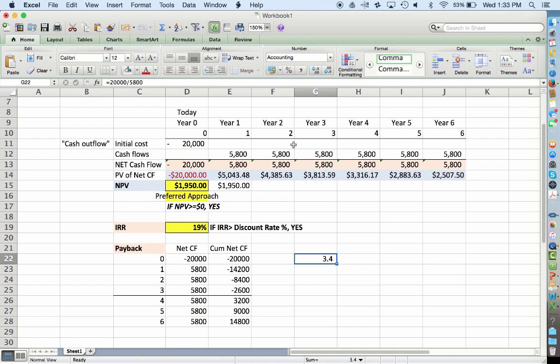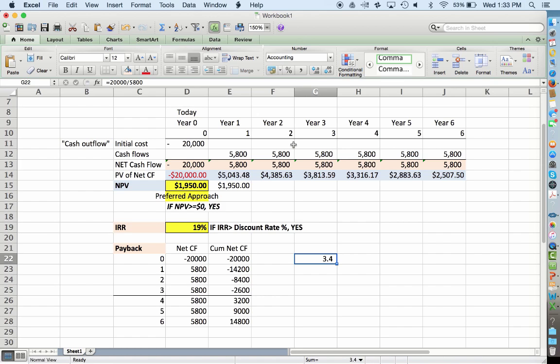So the way I would measure this payback is I would look at what my organization's policy is. If we have a 3-year payback rule, all of our projects need to pay back in 3 years. This project doesn't quite cut it because it's 3.4. If it's 4 years, I'm golden, right?